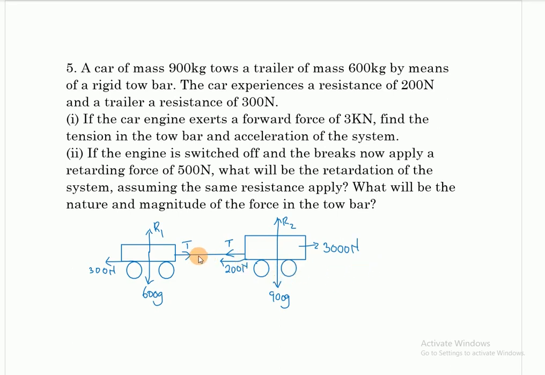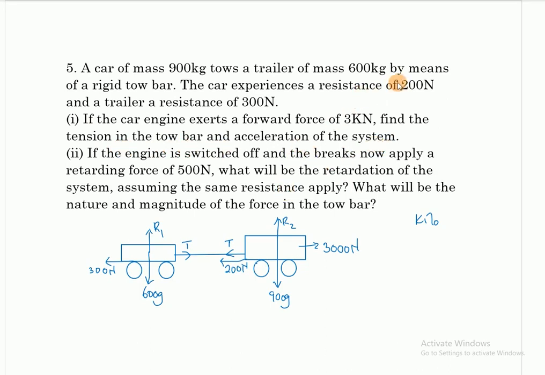You see? And when you have the tension with respect to the trailer, it is the tow bar that is pulling it forward. So the tension with respect to this one is pulling forward. That's why you are seeing this one there and that one there. The forward force is 3000. This one is 3 kilonewtons. Kilo means 1000, so 3 kN means 3 times 1000, which is 3000. They said find the tension in the tow bar and the acceleration of the system.